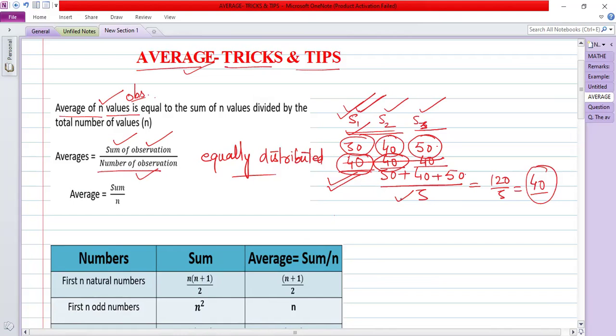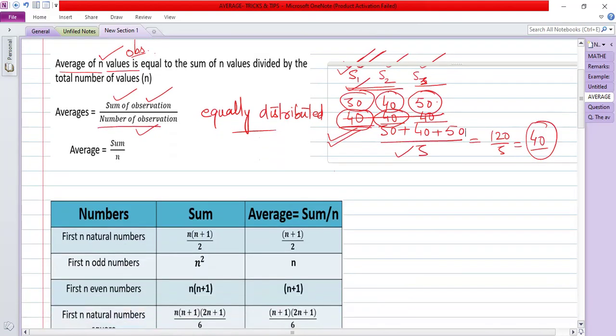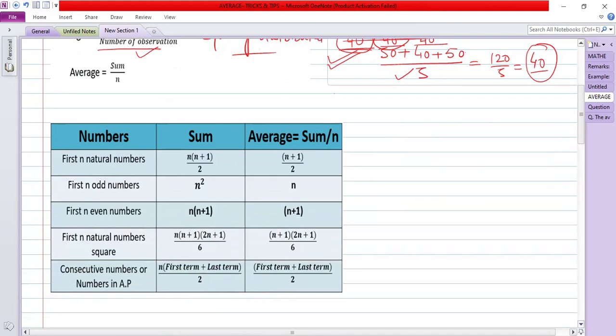Now we have some basic formulae. Here we have the sum of the first n natural numbers, given by this formula. So the average of the first n natural numbers will be given by this formula.